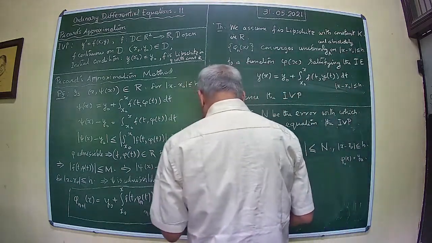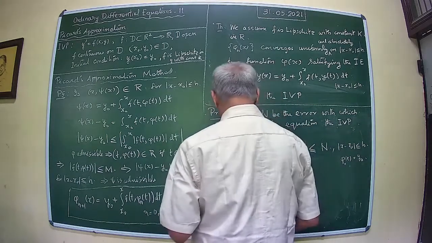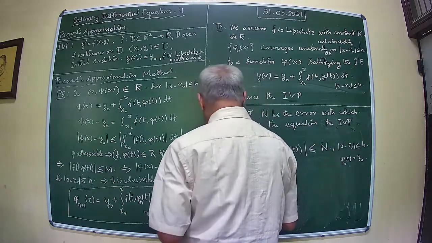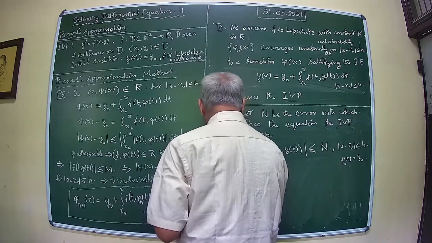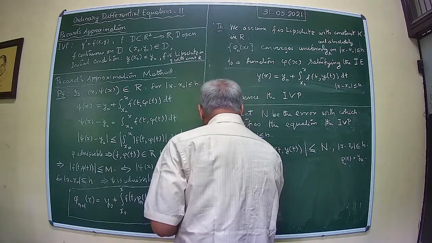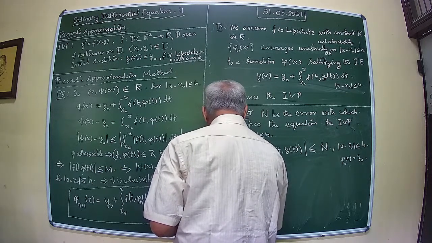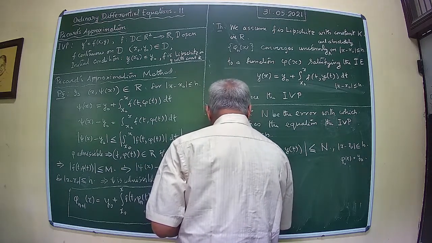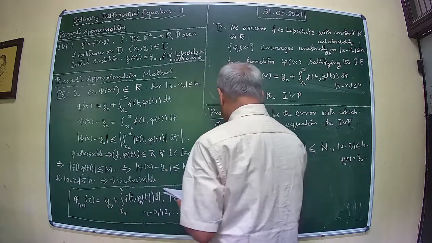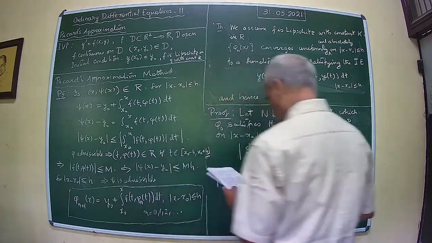Now, integrating this, so let us look at what happens with phi 1. So, we will estimate this. What is this?